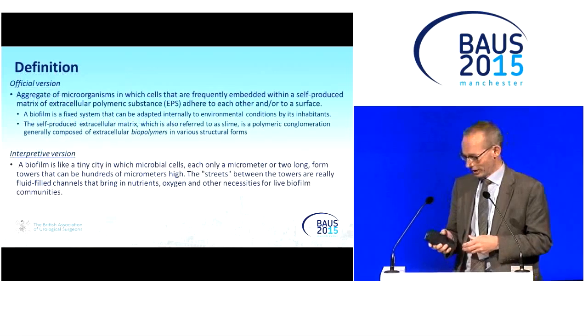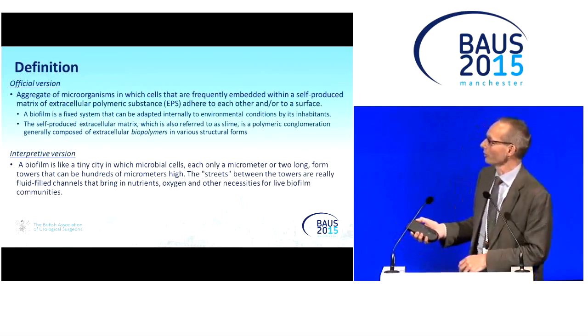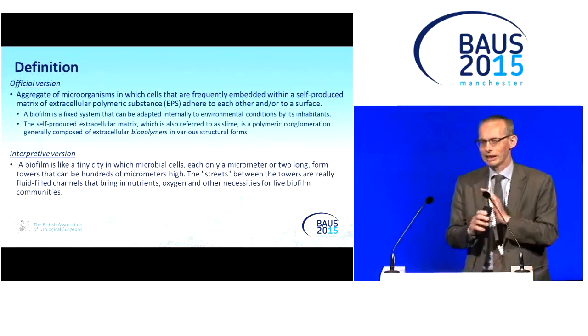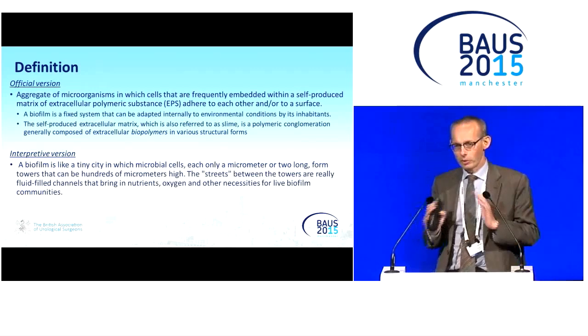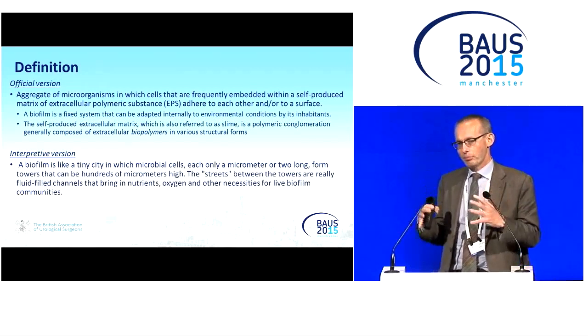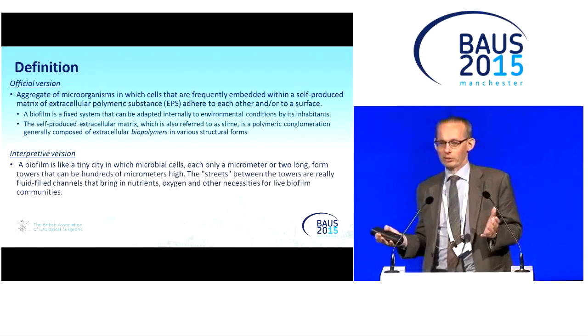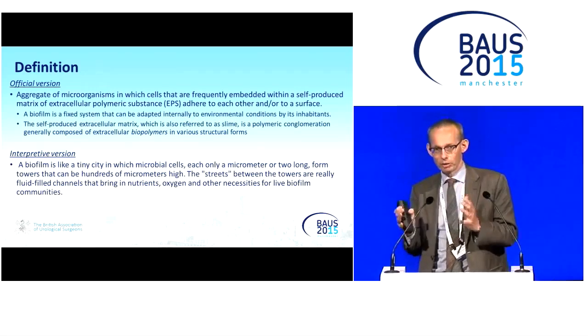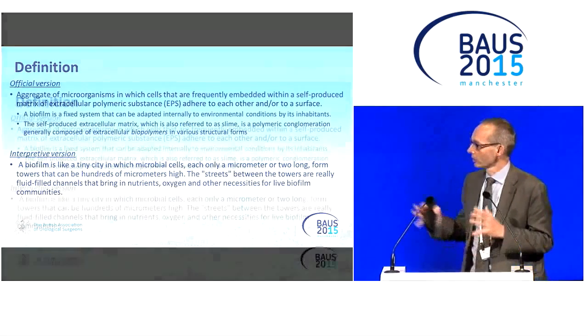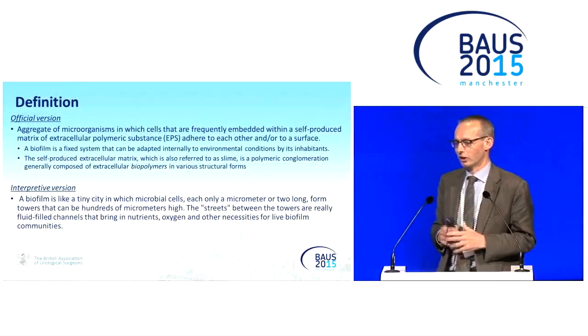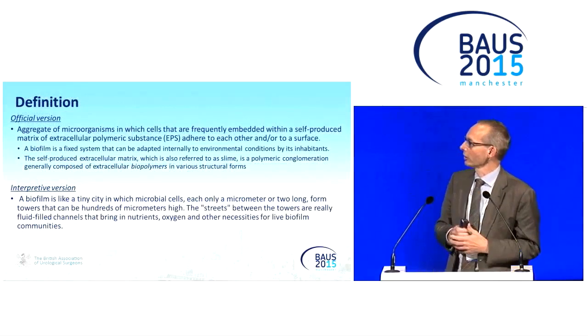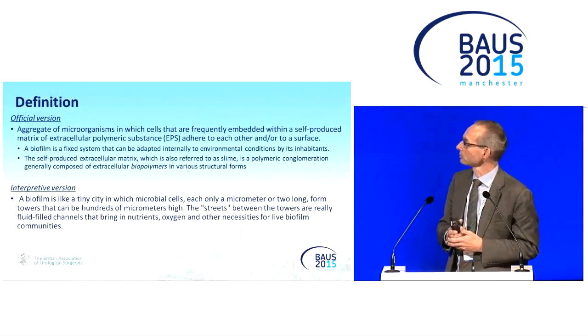So here's the official definition, if you like. It's basically a lot of microorganisms, a mixed population embedded within a matrix that they make themselves, mainly different polymers, particularly polysaccharides. So it makes a sort of meshwork that they can stick to and attach to around any implanted material.